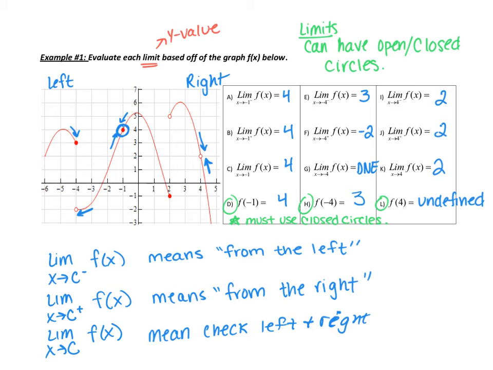If it helps, I'll write it over here: we use DNE for limits, and we use UND, or undefined, for f of x values. These are the things that I would definitely suggest that you write down, because you can easily confuse DNE with undefined. So we use undefined when I have f of values, and I use DNE when I'm asking to find a limit. It's just proper notation.